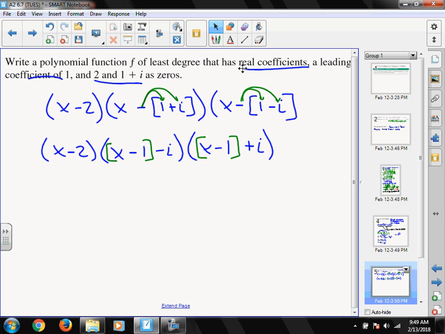So now, when I multiply these, they in fact become complex conjugates. We want complex conjugates because they're going to follow a pattern.